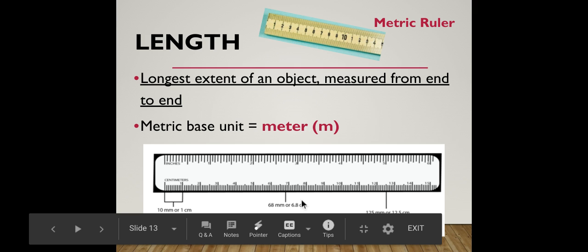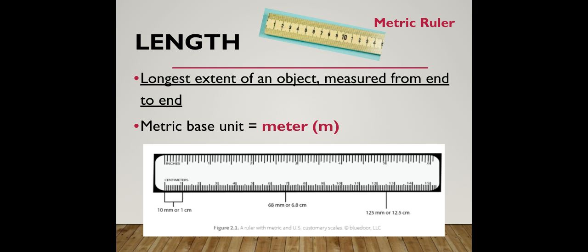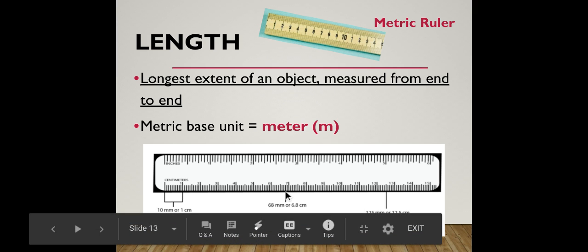So we can't say 6.8857 centimeters. We're not able to be that accurate. So a great tip when you're making measurements is just read to the line that you can see. That's your significant digits. That's as accurate as you can be.